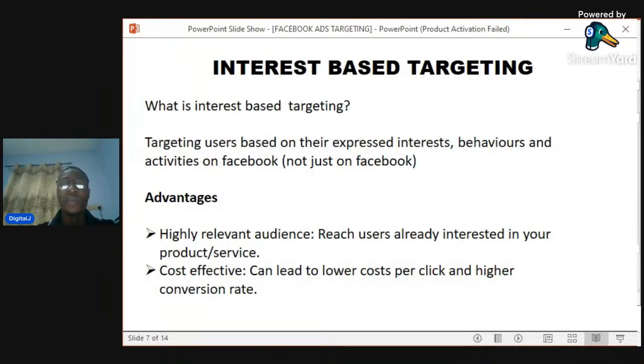Understand? So that will directly affect your cost per click, affect your CPM, affect your conversion rate, because these persons are already interested in your product or in your services. Why? Because you are targeting based on interest, unlike when you are doing broad targeting.